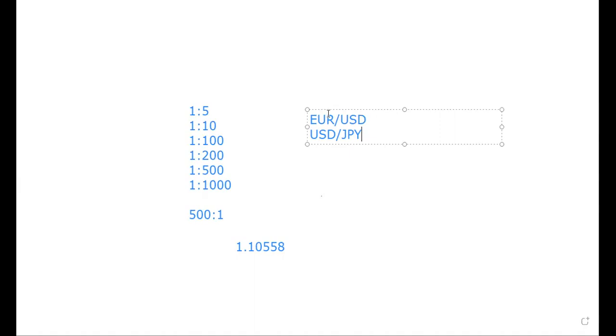If you choose Euro as your account currency, then Euro will be your account currency. Now our base currency will be divided by our account currency. And what is our account currency when we are using EUR/USD? Then it is 1. Then we have to multiply it.